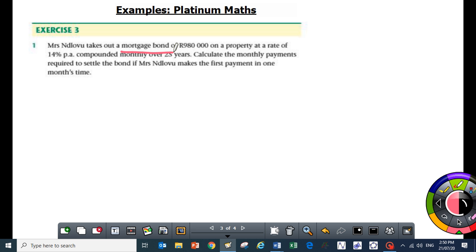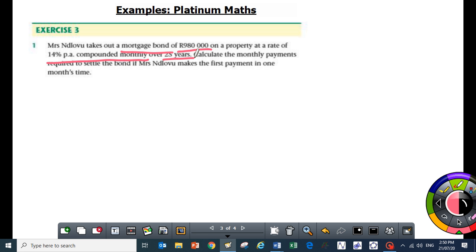So you've got 980,000 at a rate of 14% per annum compounded monthly for 25 years. For 25 years the person has to pay it off. That's a long time, almost like a quarter or half of the lifetime of someone. Calculate the monthly payments.